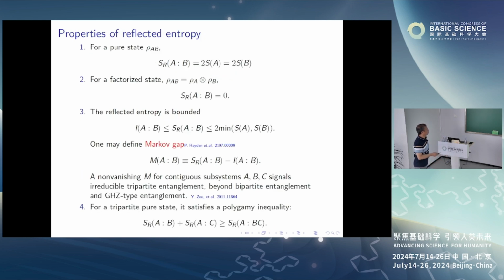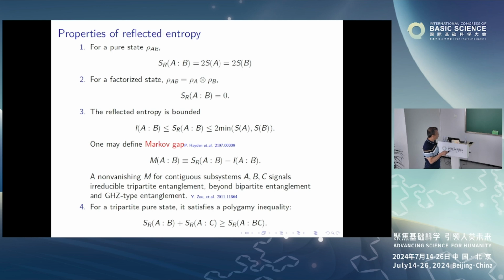Some nice properties of this entropy: for example, if AB itself is a pure state, then the entropy between A and B is 2 times S_A, or 2 times S_B. For a factorized state, we know that S_A equals 0, so this entropy also gets 0.